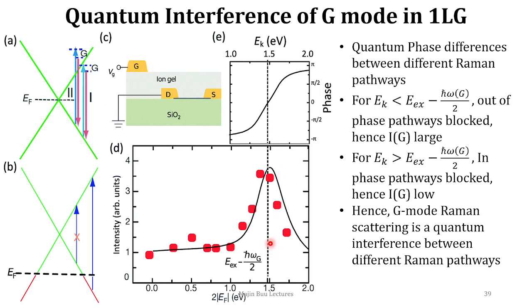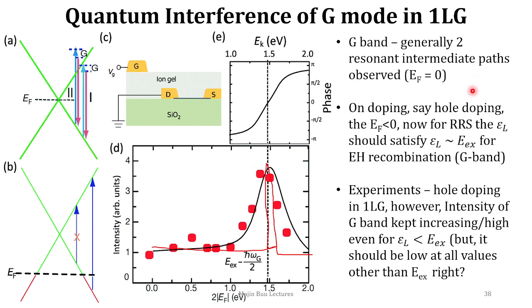However, on providing an energy greater than the resonance energy, the processes that are constructively interfering get blocked, and that may result in the dip. Overall, it indicates that different Raman pathways are involved in the G band creation, and it is essentially an interference of the different Raman pathways that results in the G band.